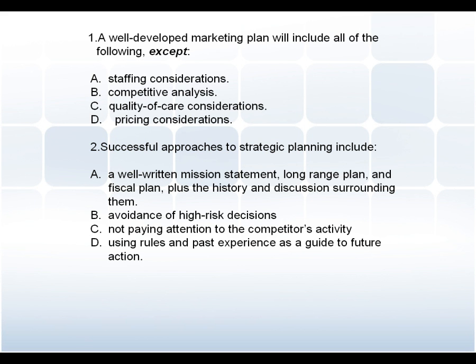And then D, using rules and past experiences as a guide to future action. I think potentially you could look at the past a little bit to inform the future, but to me, A looks like the most comprehensive response, so I'm going to guess A.